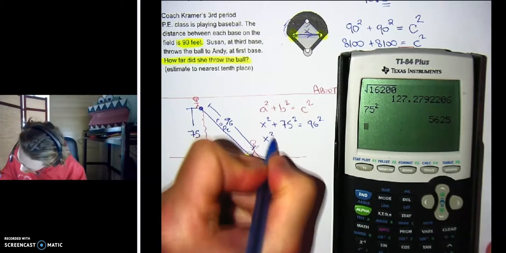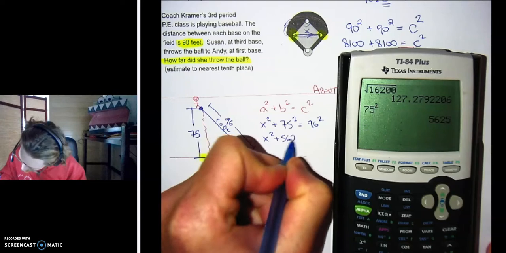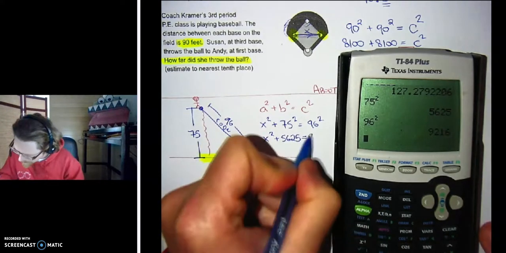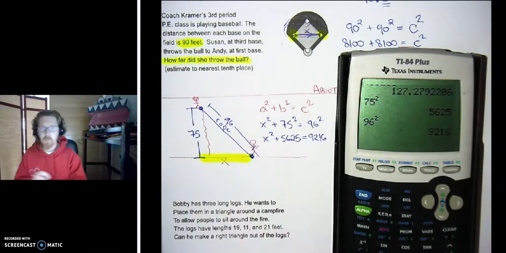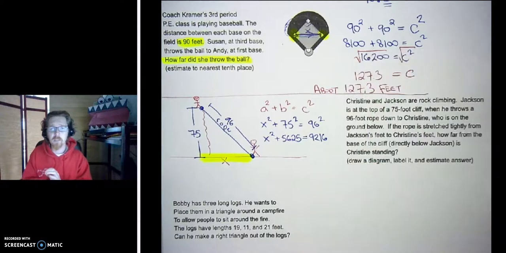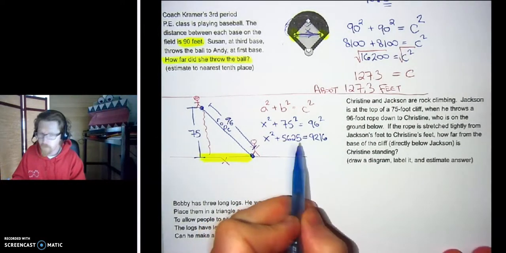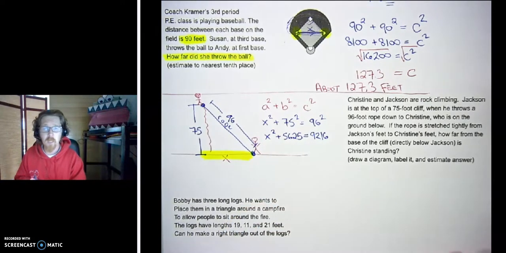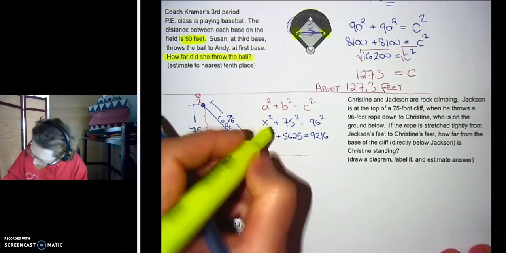5,625. So this is 5625, and I can do 96 squared as well, 9,216. So I have my equation that says x squared plus 5,625 is equal to 9,216. I want to solve for my variable x.